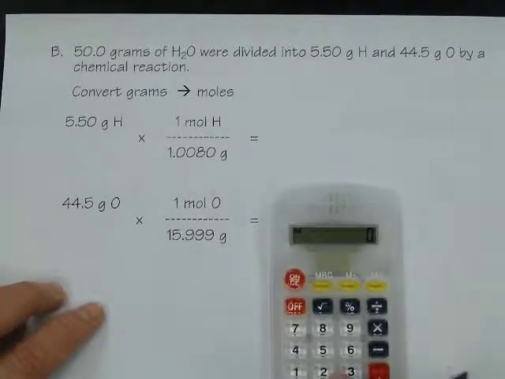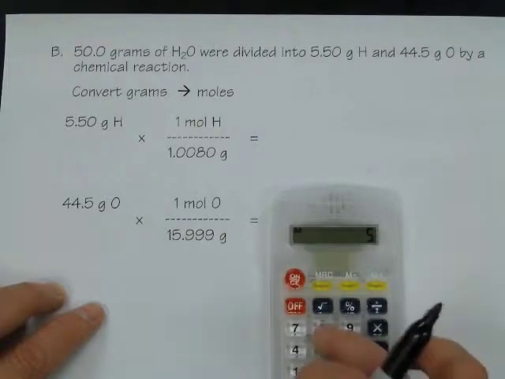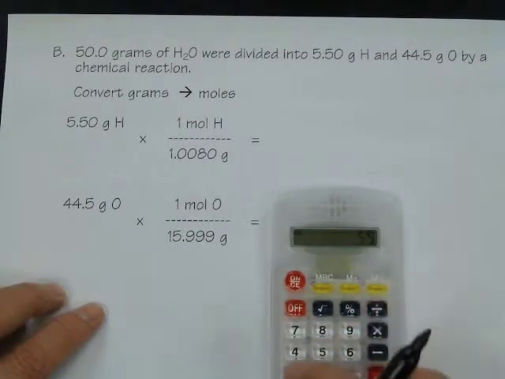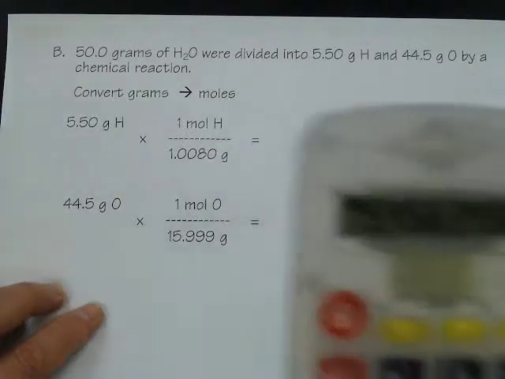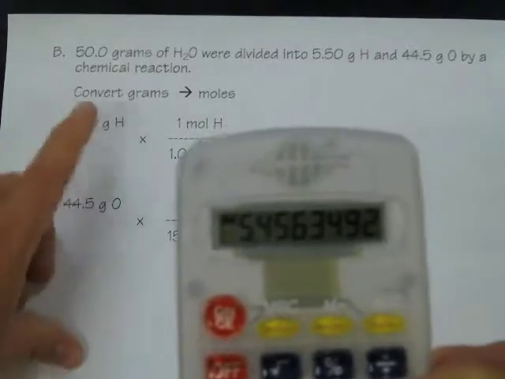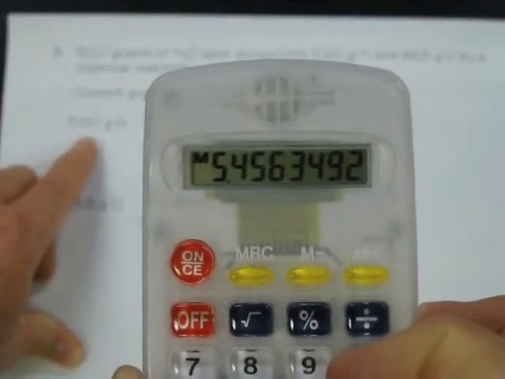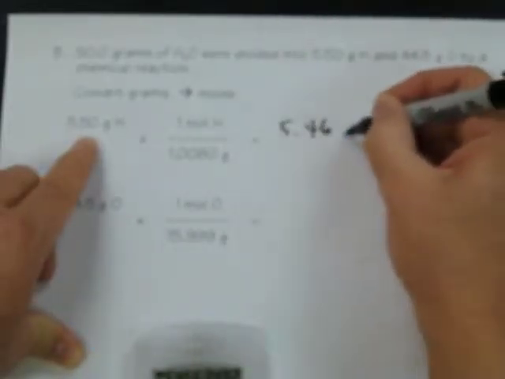I'll multiply across the top 5.50 times 1, and then divide it by 1.0080. The calculator is going to give me a lot more digits than I can keep. I can keep 3 significant figures, so 5.46 moles of hydrogen.